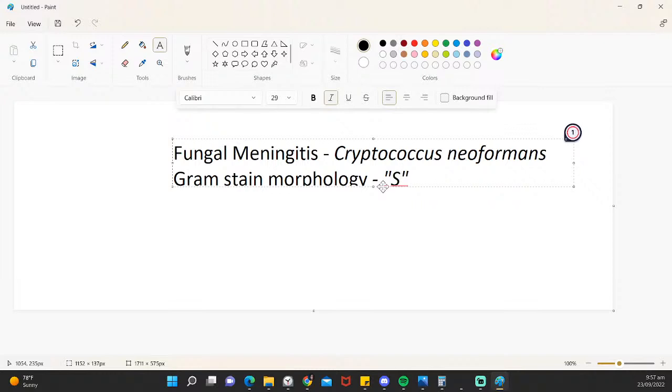Starts with letter S. 5, 4, 3, 2, 1. Nobody? Starburst. Okay? Starburst appearance.